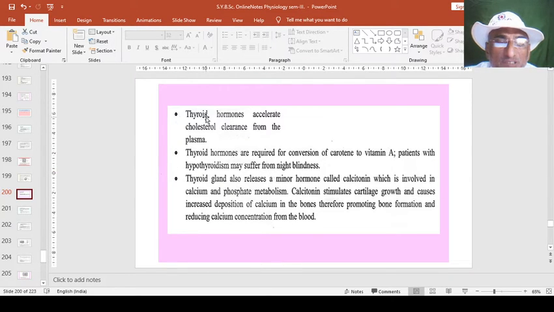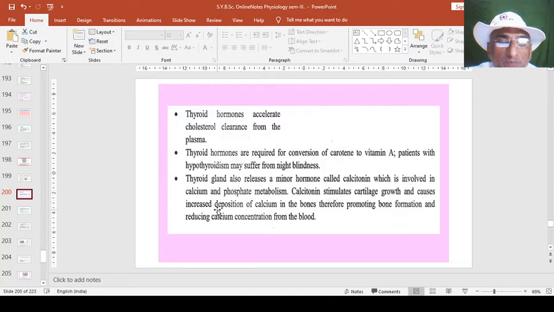We have seen in the last slide hyperthyroidism and its effects, nervousness and likewise. So hypothyroidism also causes abnormalities like night blindness. The patient is unable to see at night, or clear vision is not observed at night in a hypothyroidism patient.